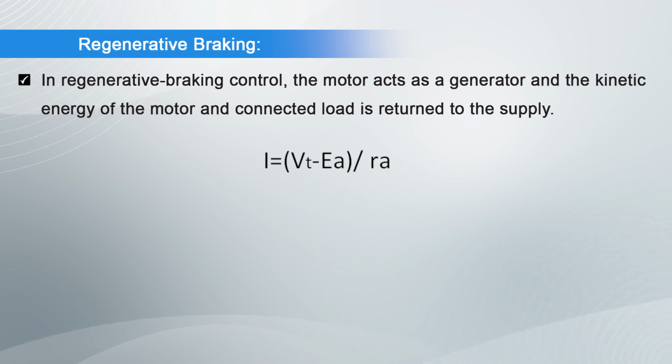In regenerative braking, the motor acts as a generator and the kinetic energy of the motor and connected load is returned to the supply. During motoring mode, armature current Ia is equal to Vt minus Ea by Ra, where Vt is terminal voltage, Ea is back EMF and Ra is the armature resistance.